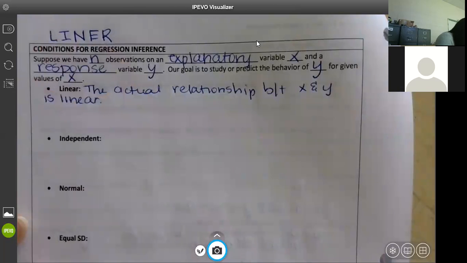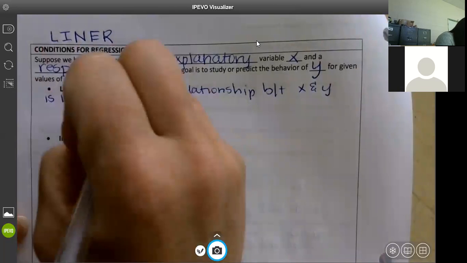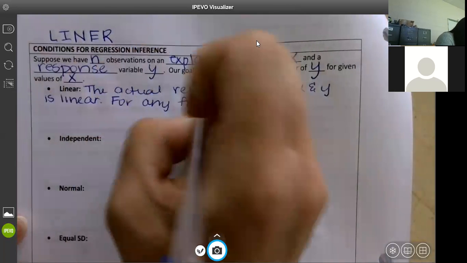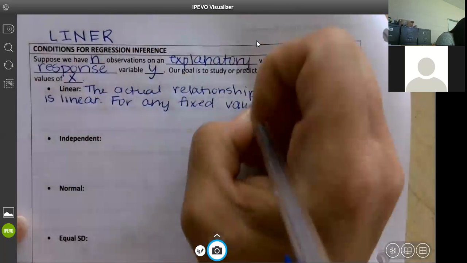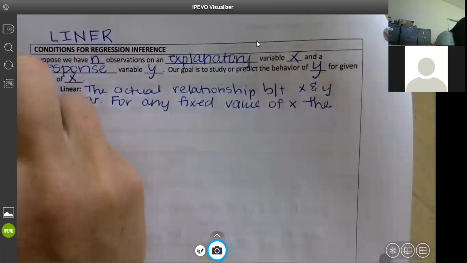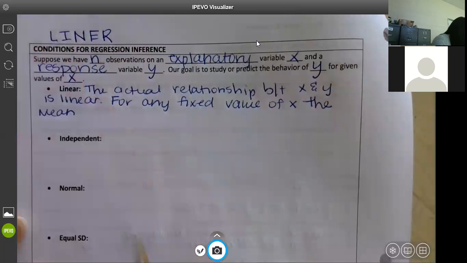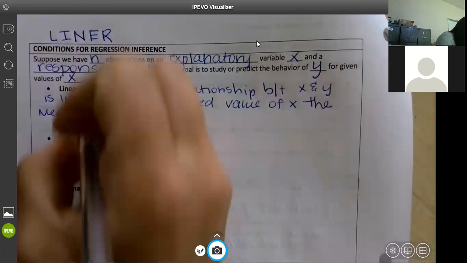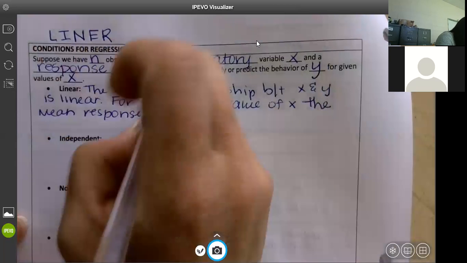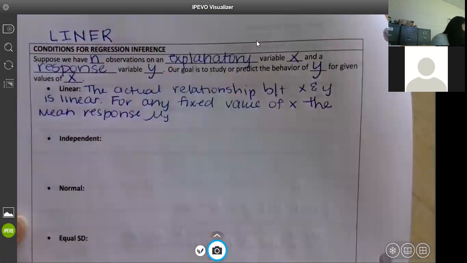For any fixed value of x, the mean response, and that's mu sub y, falls on the population regression line.